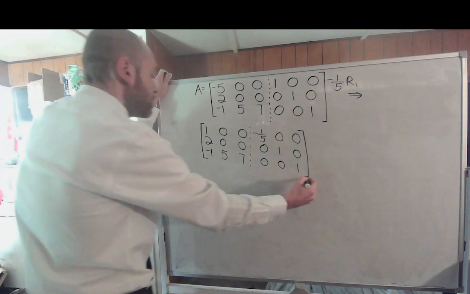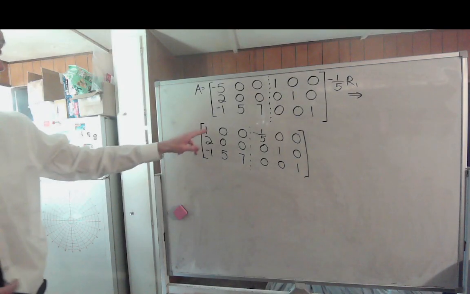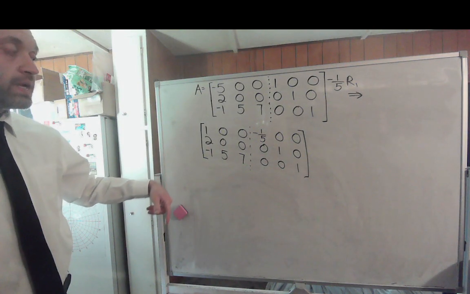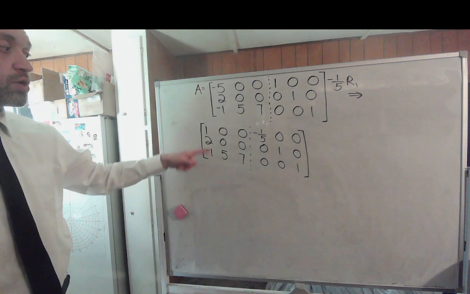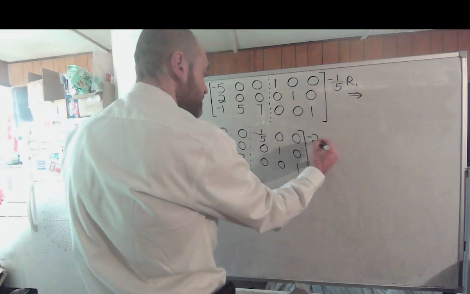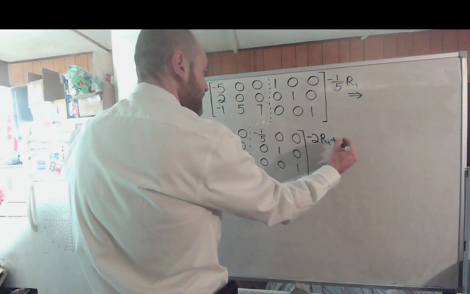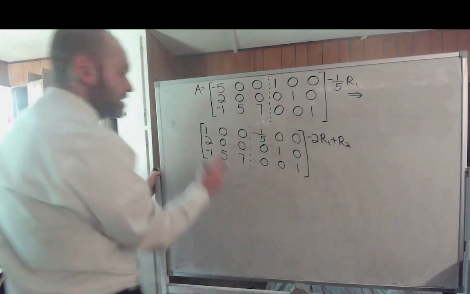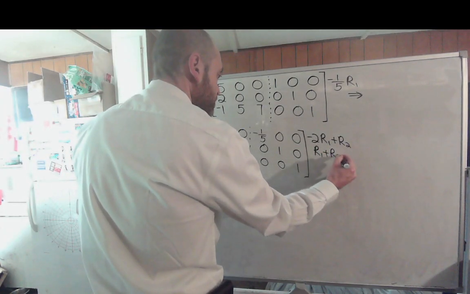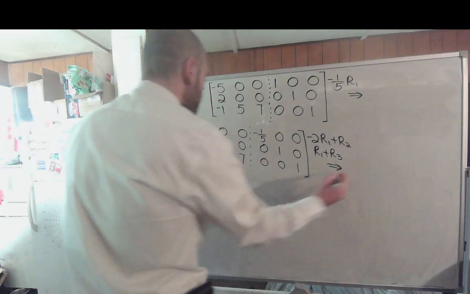Okay. Well, we got the leading digit in row 1 to be a 1. We need to make the first digits in rows 2 and 3 a 0. Well, if I just take negative 2 times row 1 and add that to row 2, and then I just add row 1 to row 3, I should be able to make the first digit in each of those rows a 0.